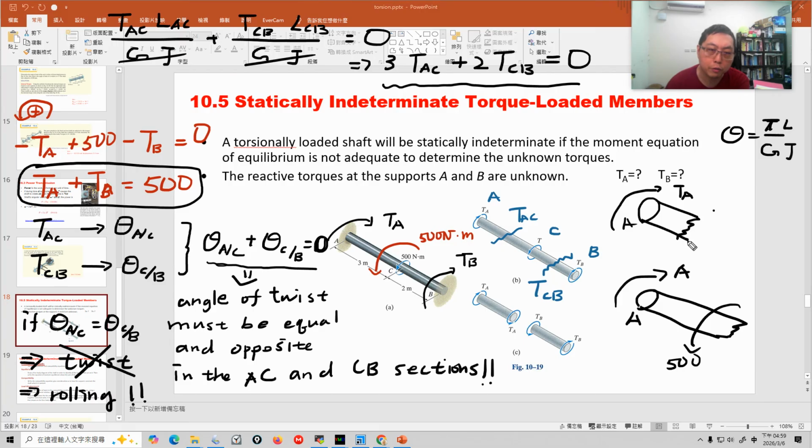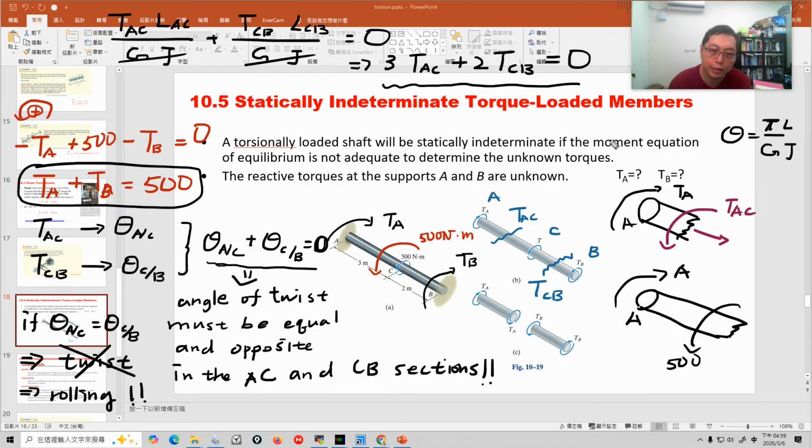So what direction should I assume for TAC? Just don't forget, we also use the sign convention for the torsional load. Right-hand rule: we assume TAC is in this direction. In this way, we use the right-hand rule, and the thumb direction is outward to the surface.